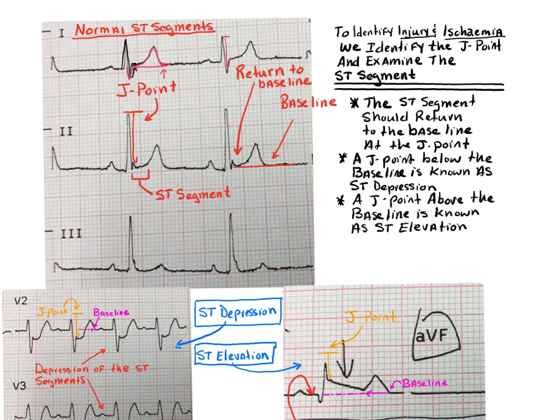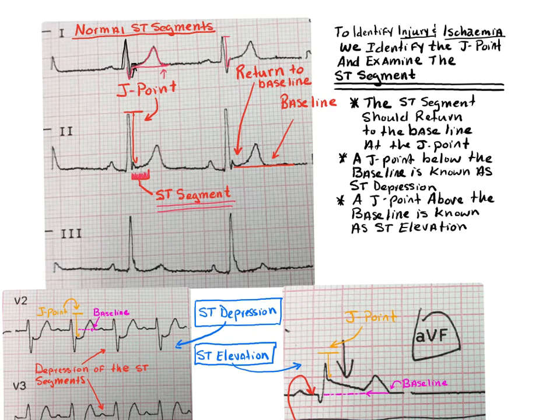So the J point should come back up to the baseline, and then you have your T wave. That area where the S wave terminates and the T wave begins, that area between the S wave and the T wave here, is known as the ST segment.